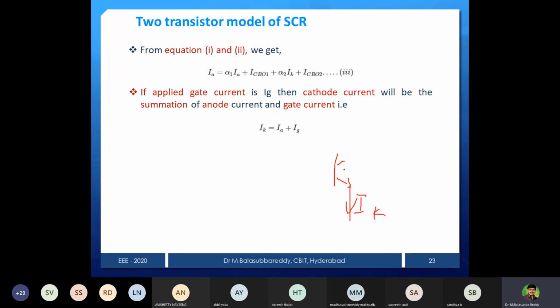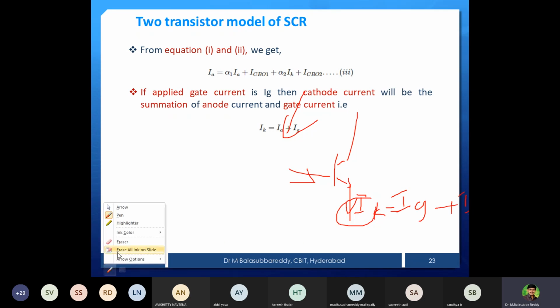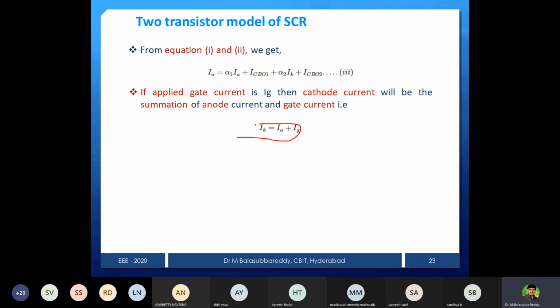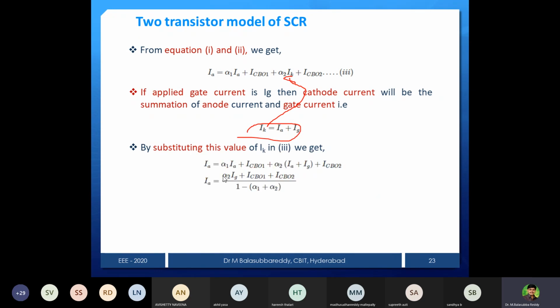IK is nothing but IE only, but if we combine this structure, it is coming from the anode current. So anode current plus gate current will give IK. Therefore IK is equal to IG plus IA. That you can replace there. Once I use this IK, in terms of IA we will get the expression, so IA is equal to this.